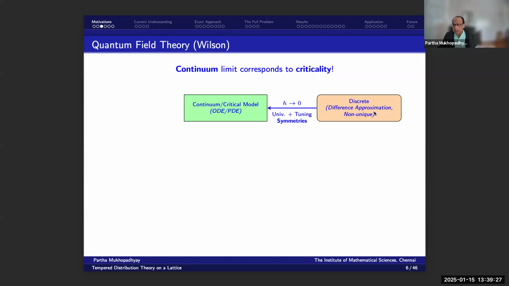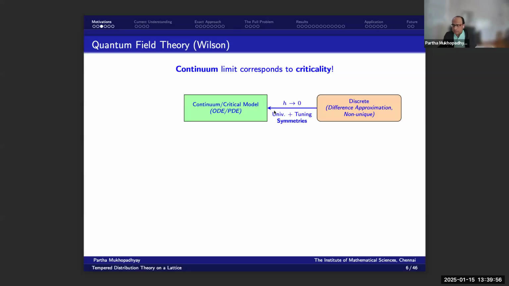Also, after fixing the theory, the bare parameters must be tuned, and usually one takes input from perturbation theory to fix the behavior of the bare parameters, to find this very finely tuned situation of having a critical behavior which is going to become independent of the lattice structure. And that's how the continuum theory is defined.